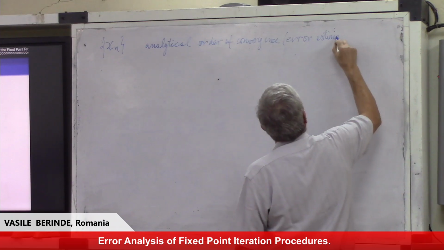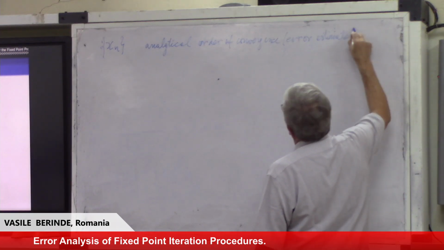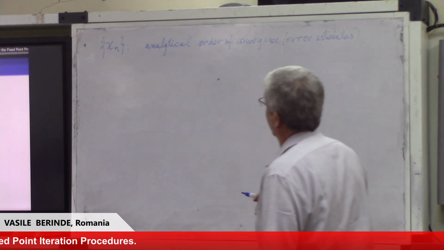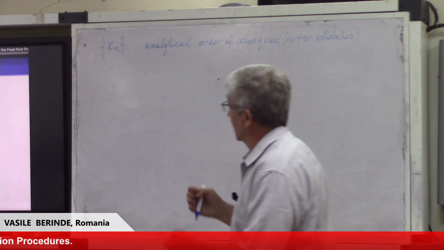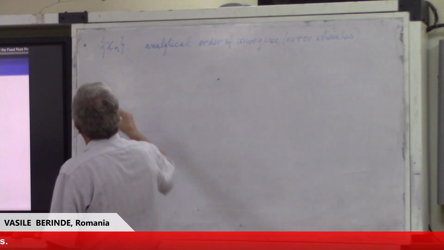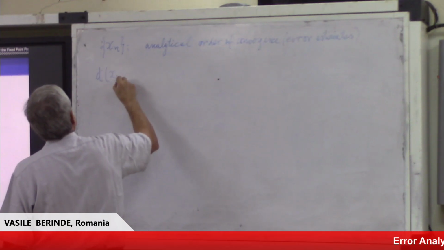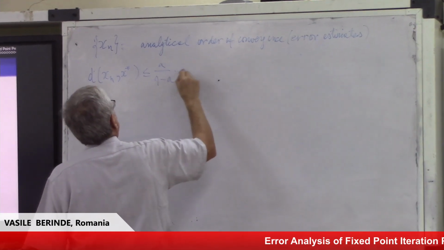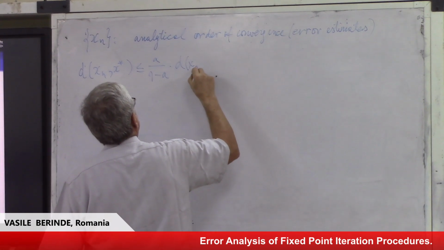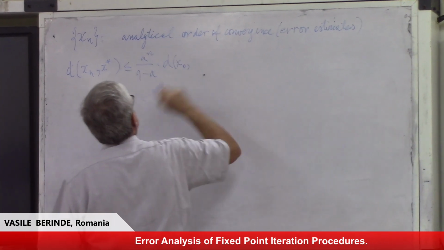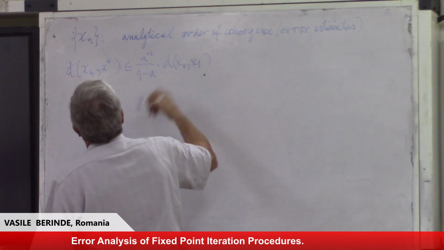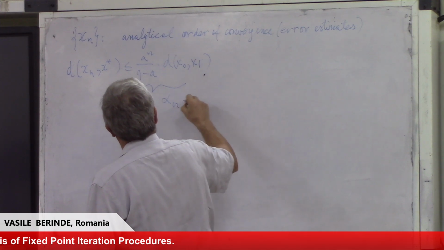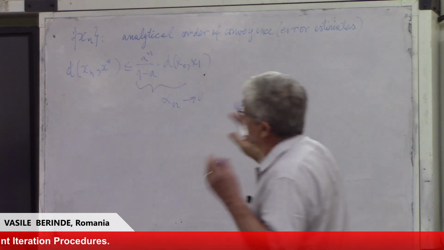If we can establish such an analytical estimate, it's all right. What does analytical mean? We have a formula. We have this for Banach: this distance is less than a^n over 1 minus a, times the distance of x0 and x1, I guess. Then, because this is the sequence alpha n which converges to 0, we are done.